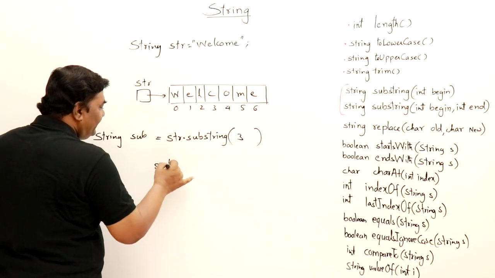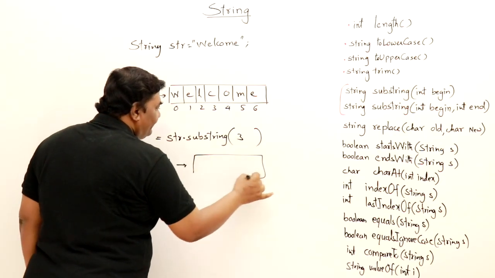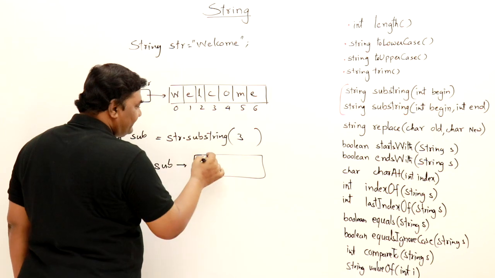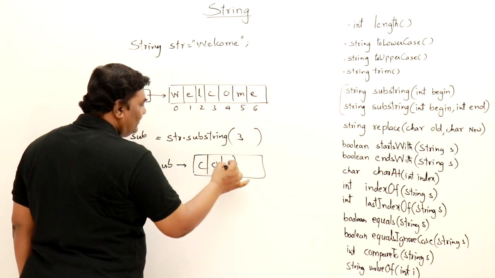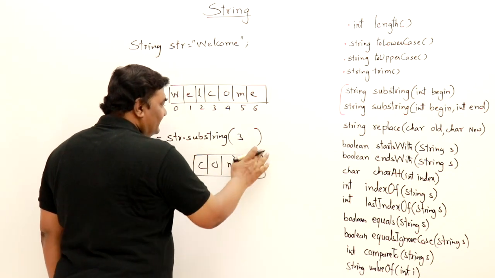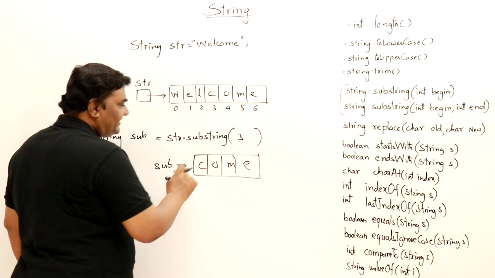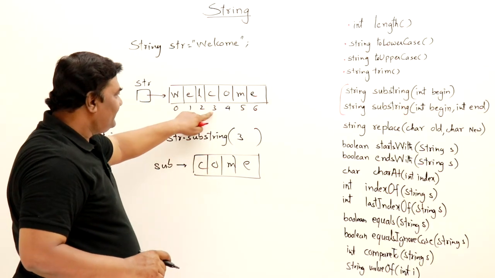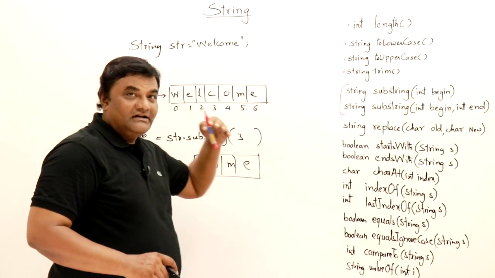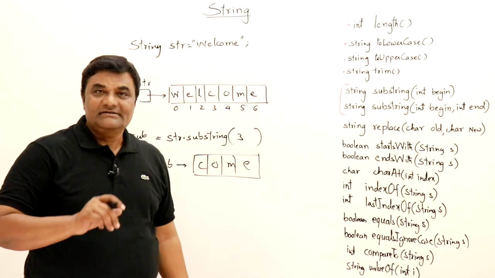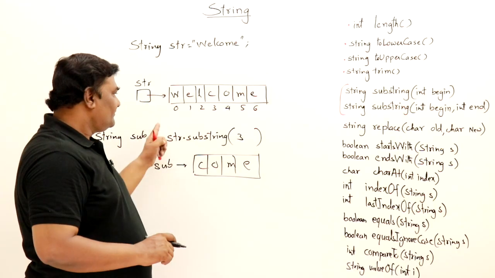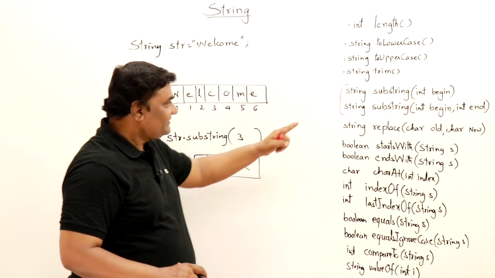Now sub will be pointing upon an object. So from 3 to the end, that is COME, this will be returned by this substring. So whatever the starting index you have given, from there till the end of a string, you will get a substring. So this is a substring method, first one.